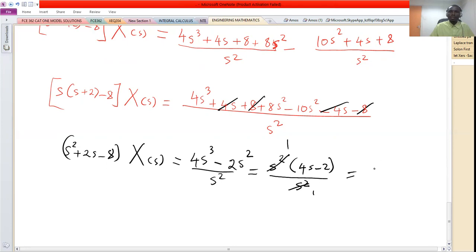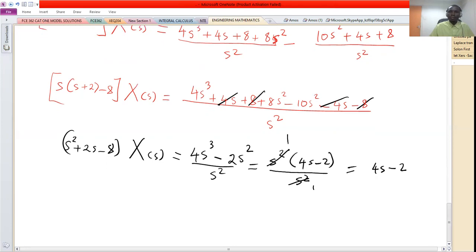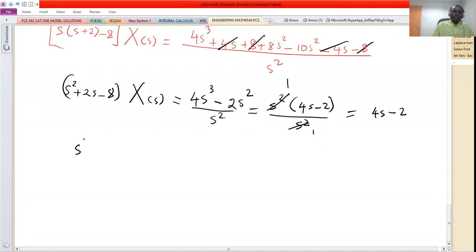So we just have 4S minus 2, so that we have S squared plus 2S minus 8 capital X of S equals to 4S minus 2.